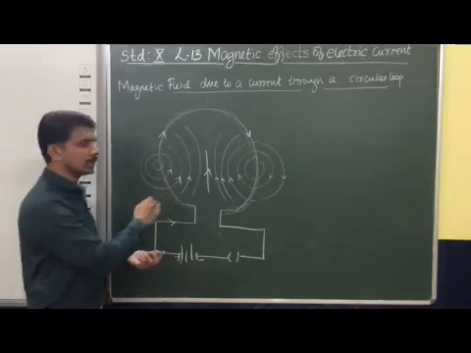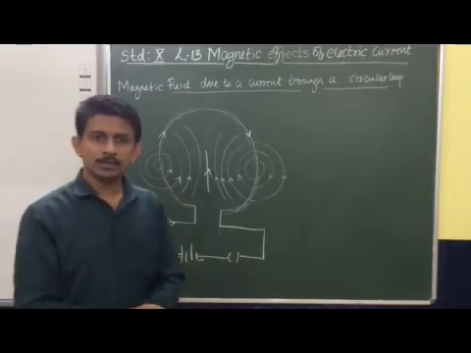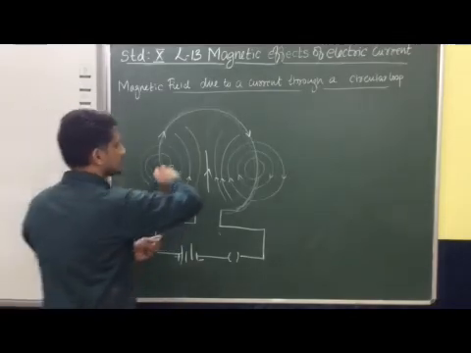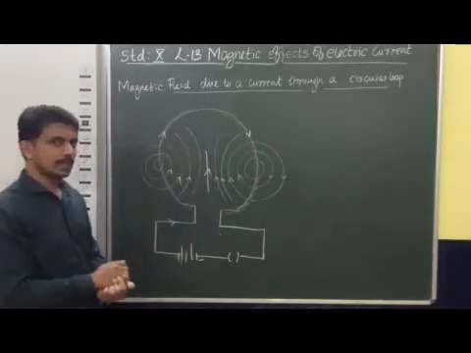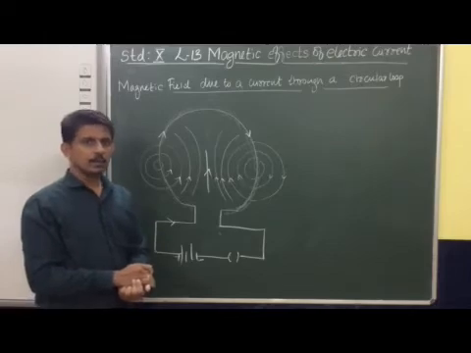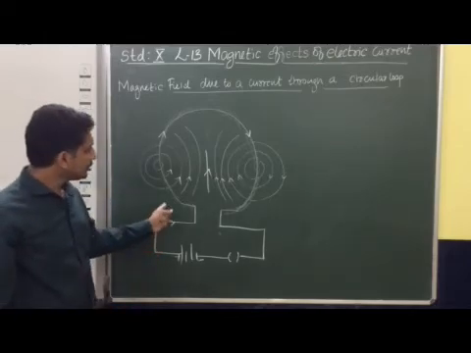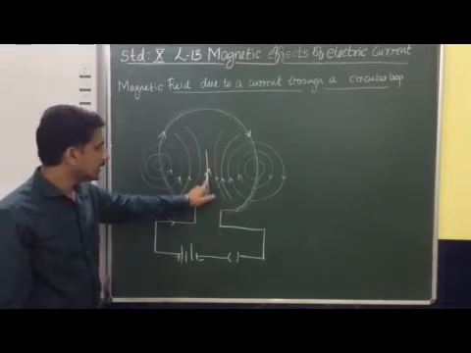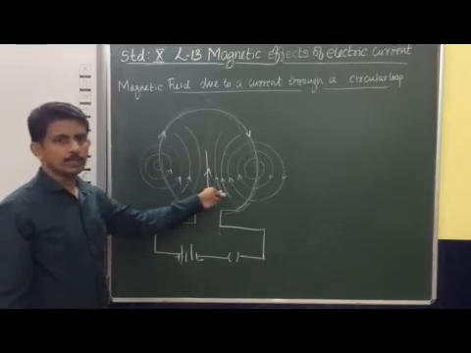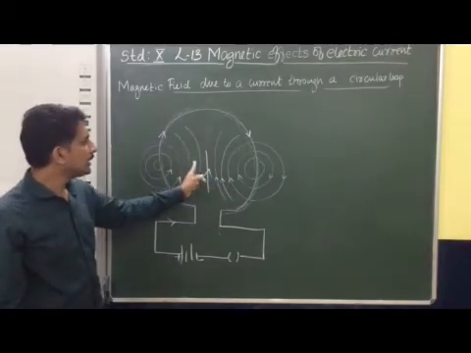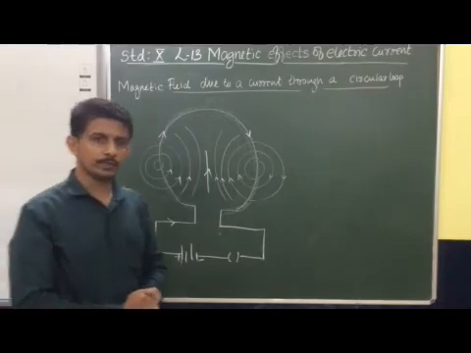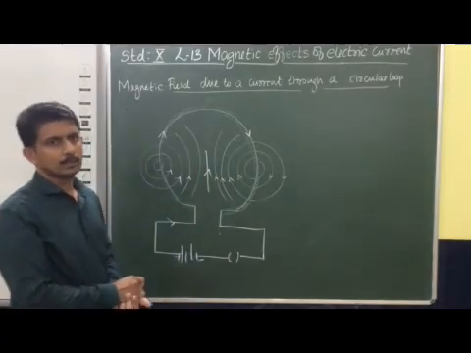This is the case of magnetic field lines in a circular loop carrying current. In the center it is a straight line only, going inward, and the field decreases as we go away from the current carrying conductor.